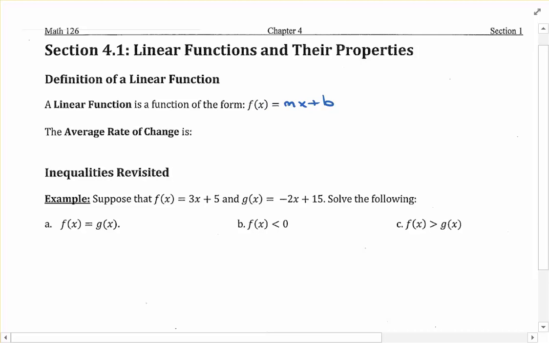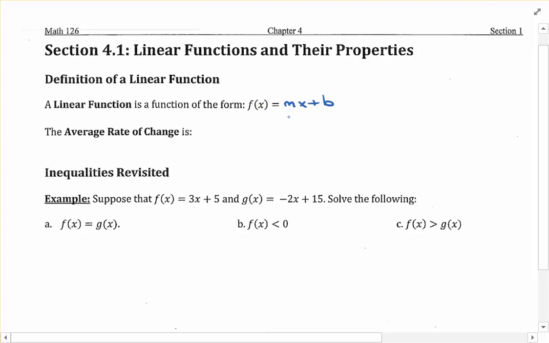So you might be wondering, why are we using f of x instead of the variable y? Well, of course, at this point in the course, the variable y is replaced by function notation, but that's only if the equation represents a function.